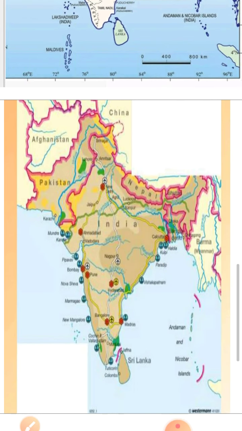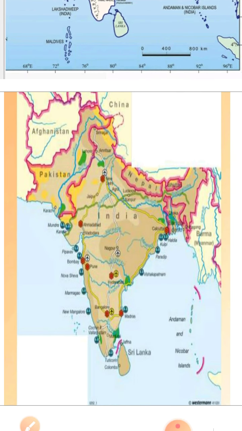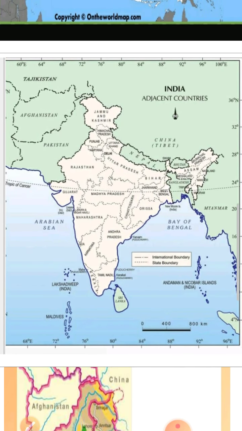Here you can see the different countries like Pakistan, Afghanistan, China, Bangladesh. So tell me, which country shares the maximum land boundary with India? The answer is Bangladesh.